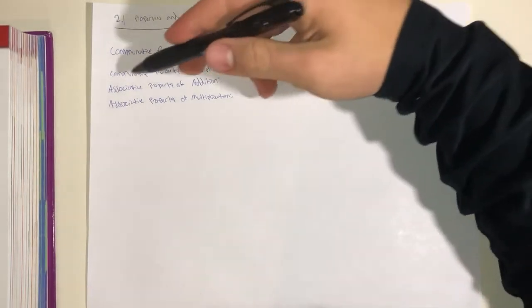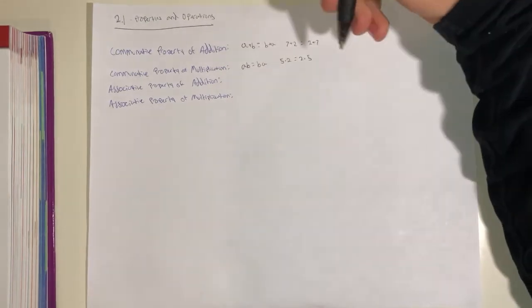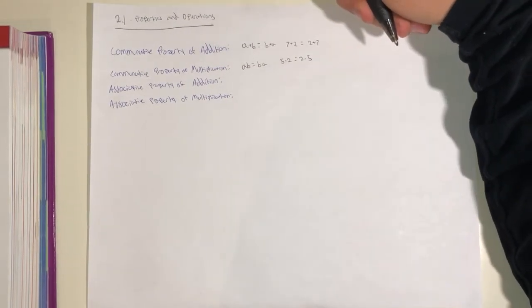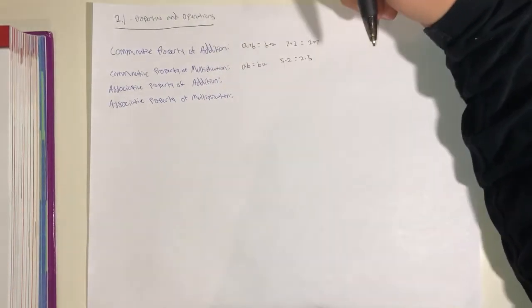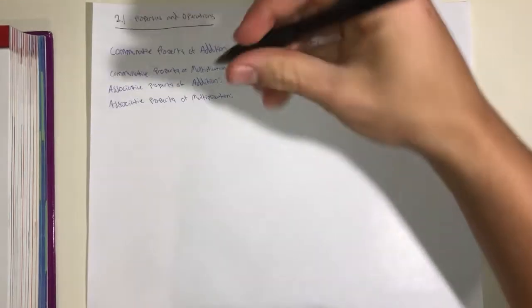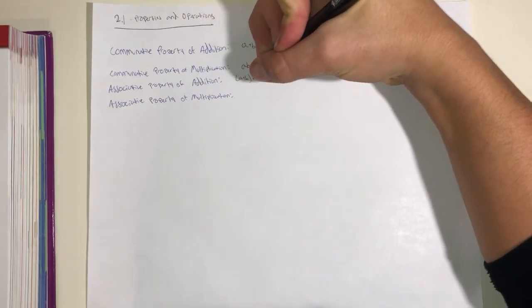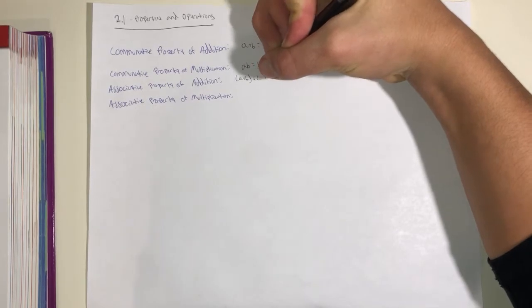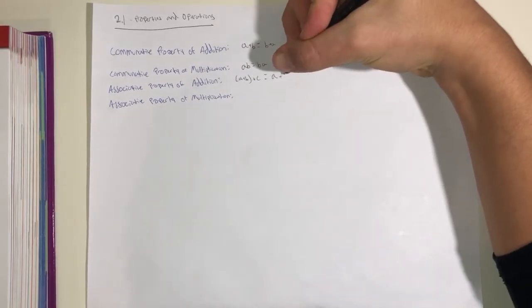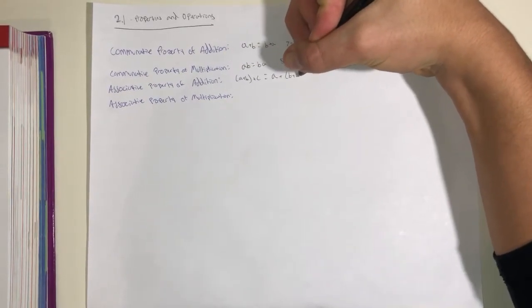The associative properties are about grouping. So changing the grouping of the numbers in a sum does not change the sum. So if you have (a plus b) plus c, this is the same thing as a plus (b plus c).